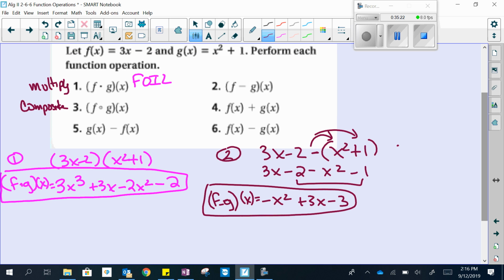Y'all need time to do number 3? No, we're doing, for number 3, we're doing f of g of x. So g of x goes into the f function. So in the f function, we're going to put in g of x, which is x squared plus 1, instead of x: 3 times x squared plus 1, minus 2.